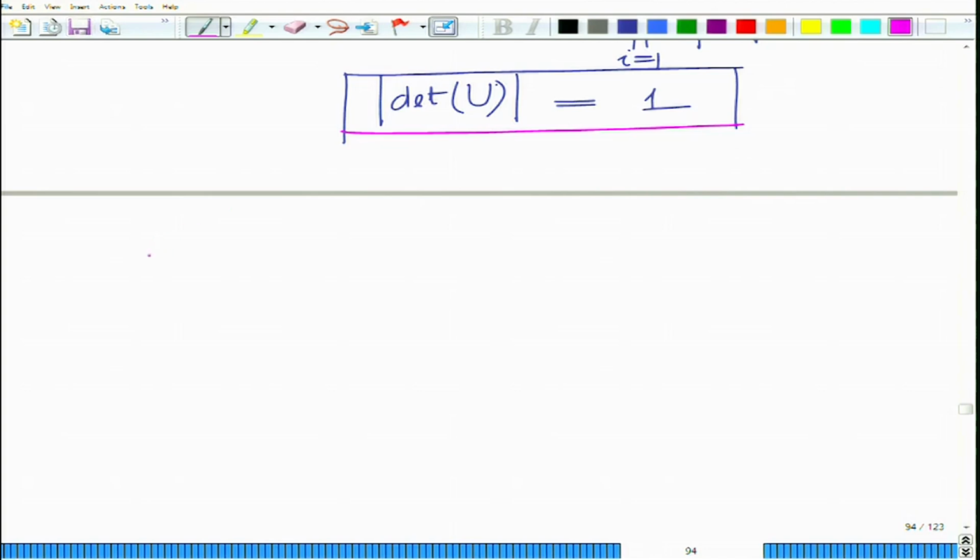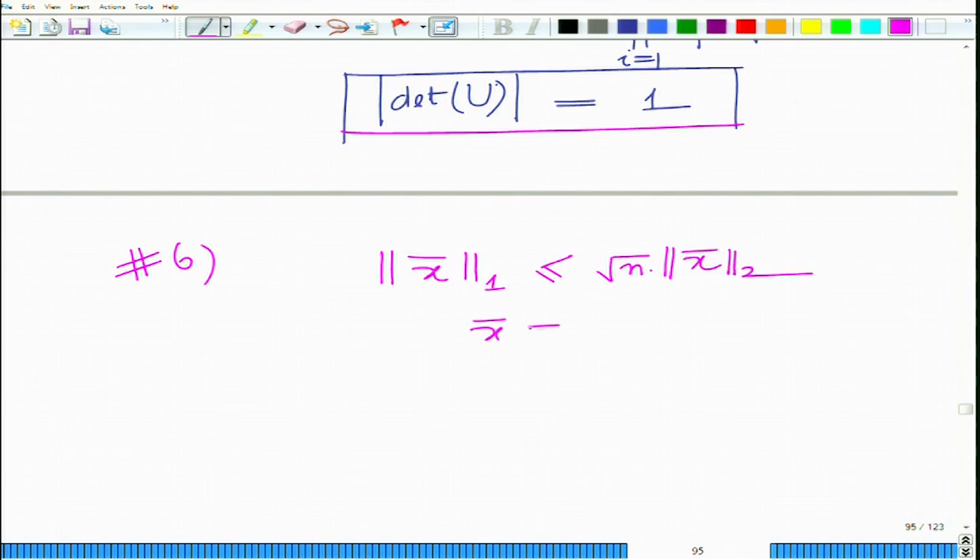Let us start with another example. Let us consider the relation between the one norm of a vector and the 2 norm. We want to show that the one norm of vector x bar is less than or equal to square root of n times the 2 norm.